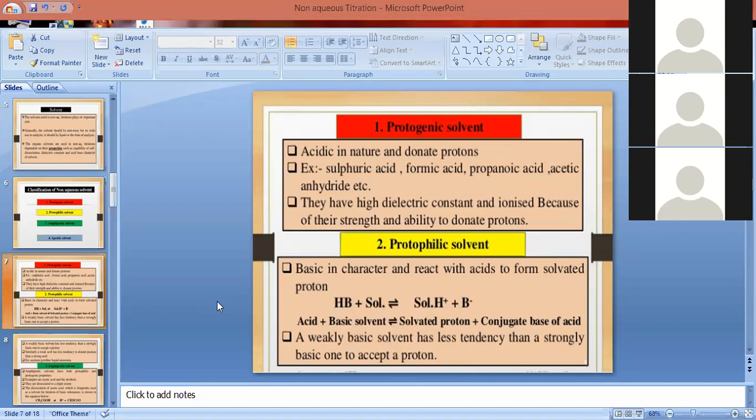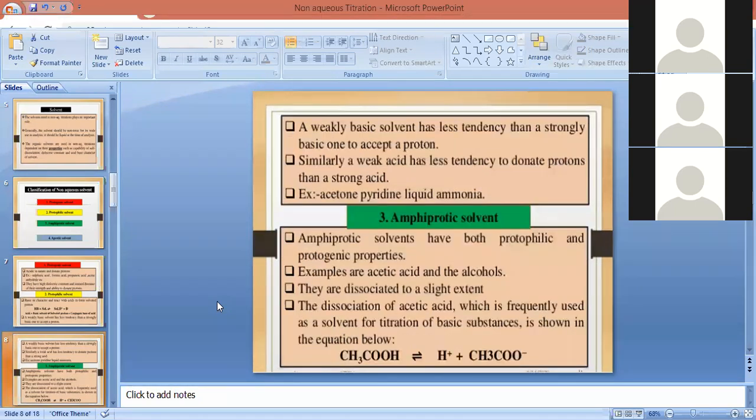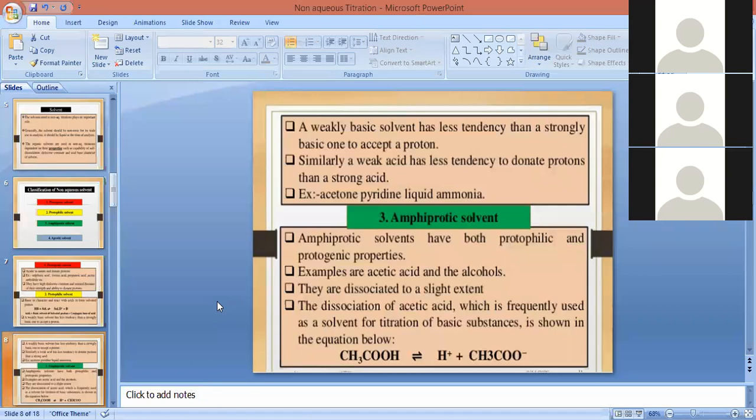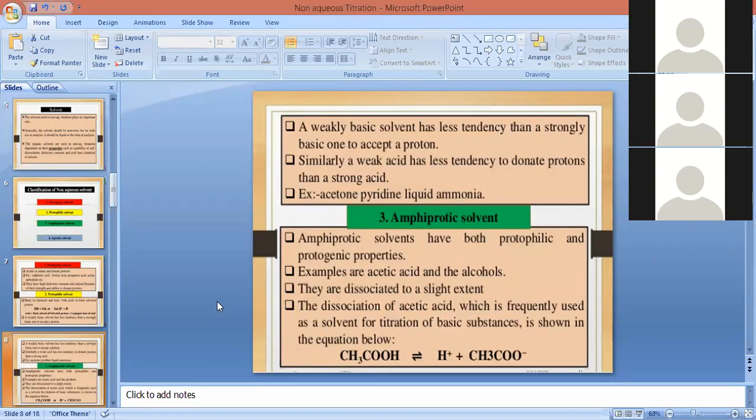It is quite obvious that a stronger one will easily accept the proton as compared to a weaker one. Similarly, a weak acid has less tendency to donate the proton than a strong acid.